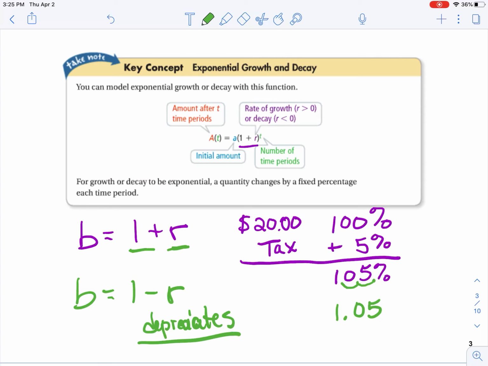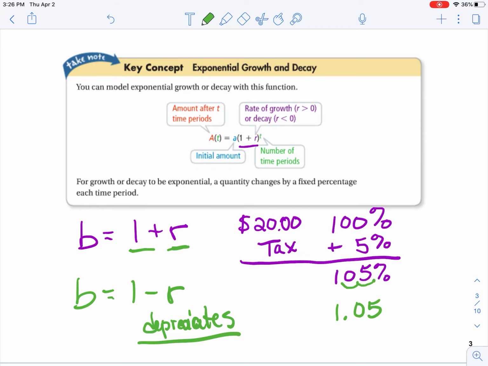So that means that the b amount is going to be less than 1. So the cost is going to go down. So if we have people moving out of a city, there's 20,000 people there right now. Next year there's 18,000 and so on. It's going to depreciate each year.